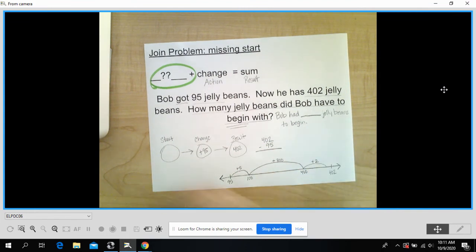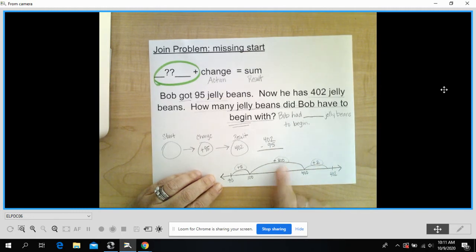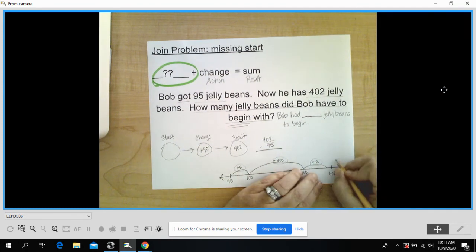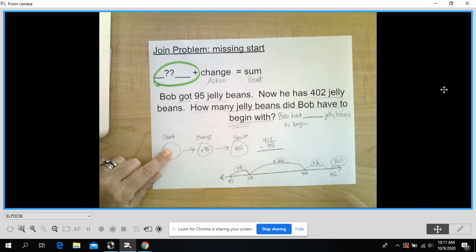Got it? So all together, using my number line as a strategy, I have 300 plus 5 plus 2, 305 plus 2, 307. So that lets me know that Bob started with 307 jelly beans.